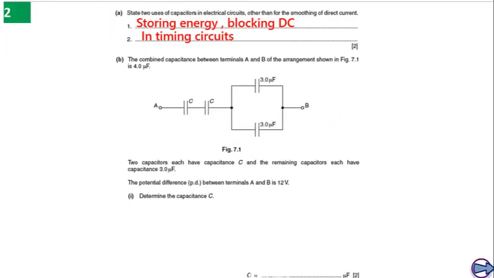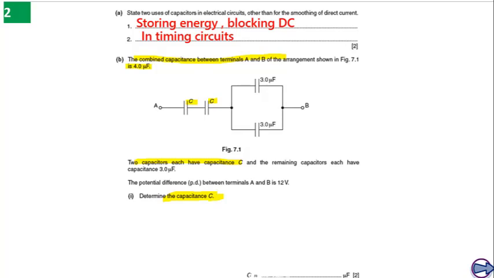Here is part B. It is given that the combined capacitance between terminals A and B is 4 microfarads, and there are two identical capacitors whose capacitance is C. We need to find the value of C, the capacitance of capacitor C, as given in this question.